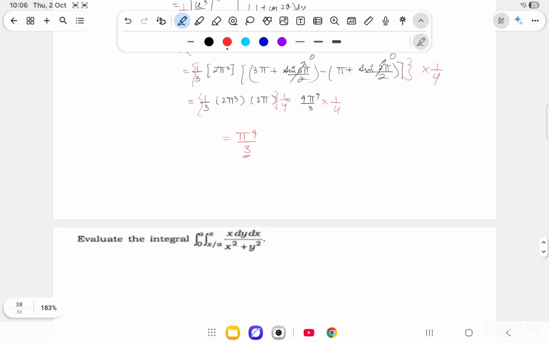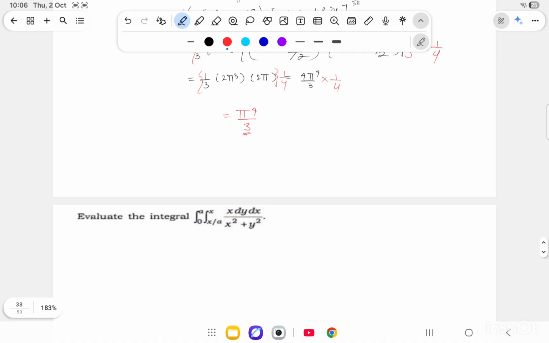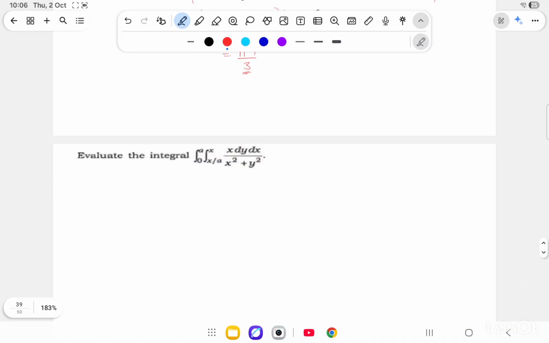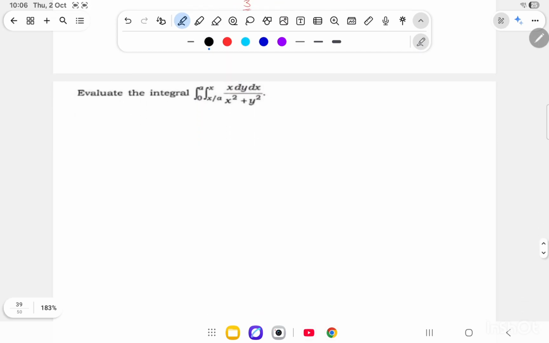So let's move on to the next question. The next question says: evaluate the integral. They have given us an integral and we are supposed to evaluate its value. The integration is from 0 to a, and x by a to a is the limit of y, of x times dy by x square plus y square, dx. Let's first evaluate it with respect to y.